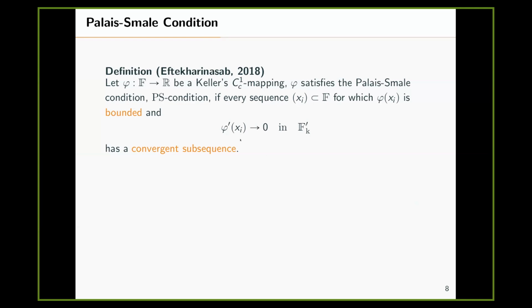And the definition of Palais-Smale also works well in our context. Here is the precise definition: we say the mapping satisfies the Palais-Smale condition if any sequence such that f(x_i) is bounded and the derivative along this sequence approaches 0 has a convergent subsequence.